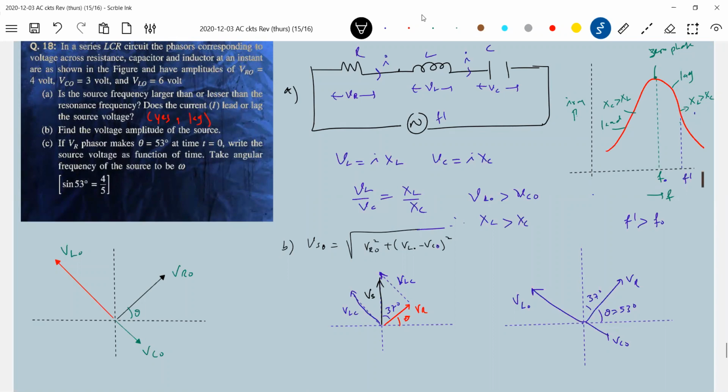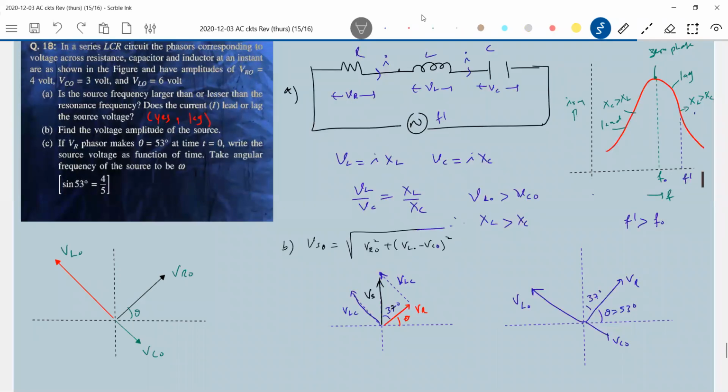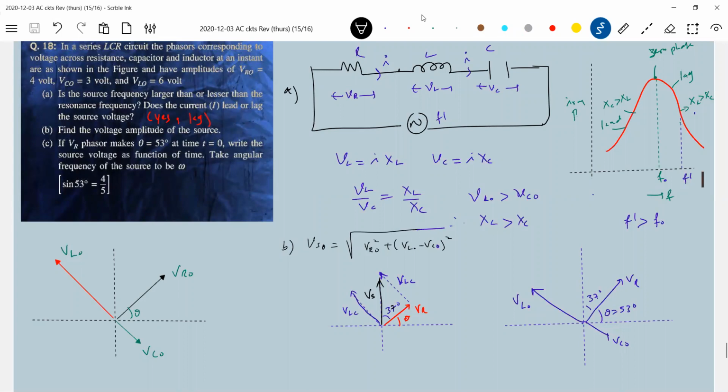So calculate the VS value. Now he's asking for it as a function of time. How much phase angle is it having? Some 37 degrees initially. At t equals 0, it has a phase angle of 90 degrees, where this is 0 phase and this is 90 degree phase.